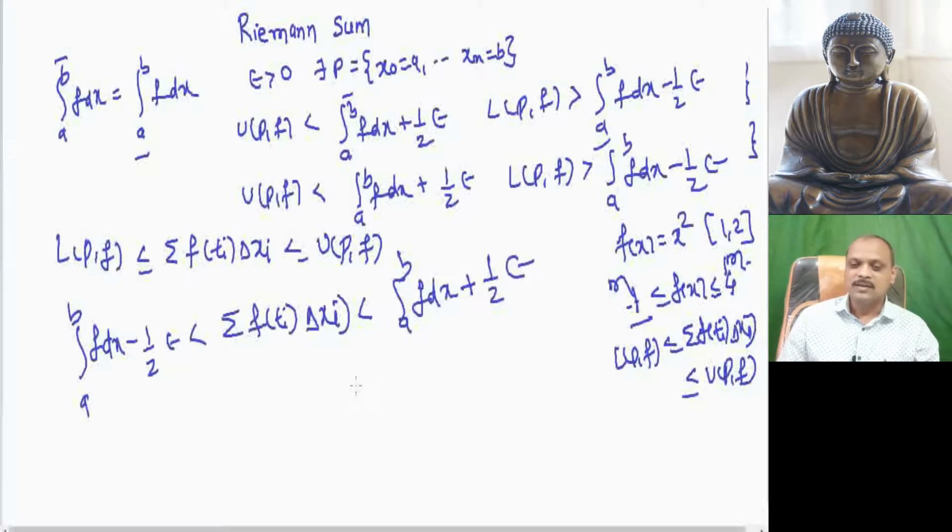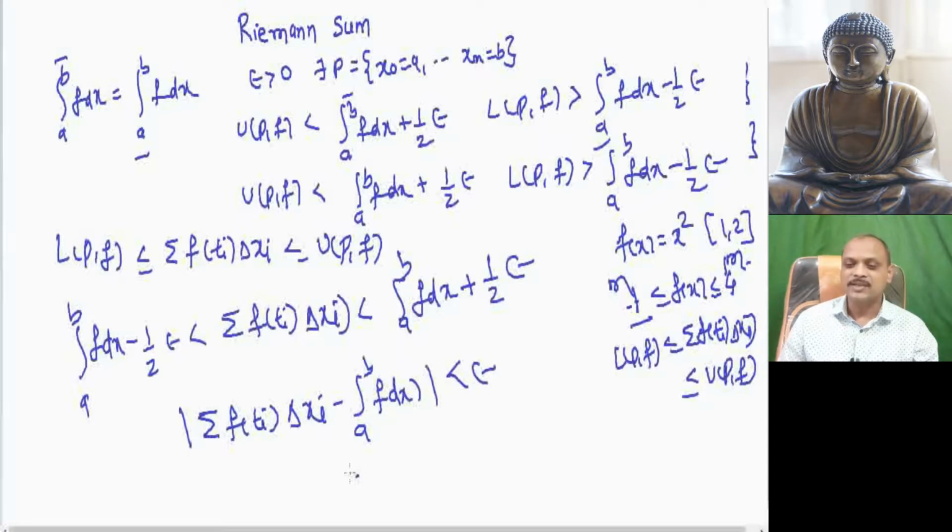Then see here, this inequality is nothing but the modulus of the summation of f(ti) Δxi minus the integral of f is less than epsilon.